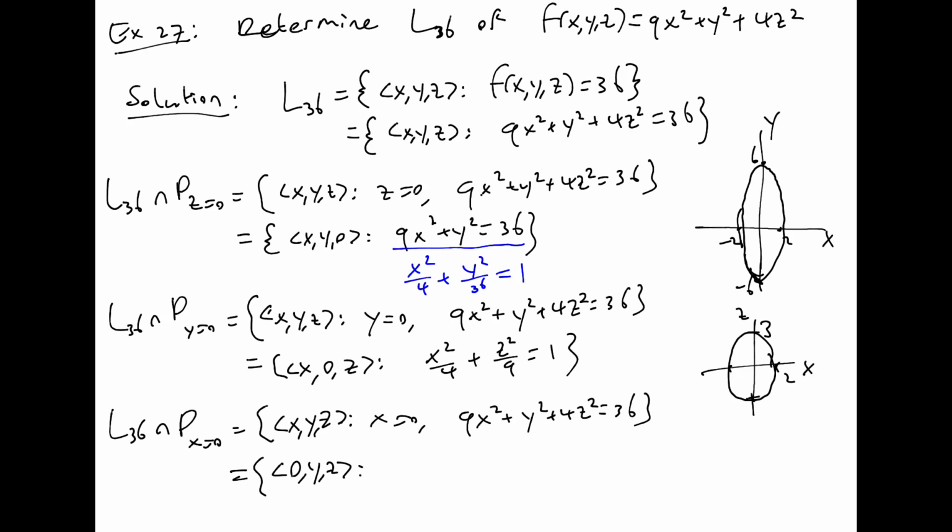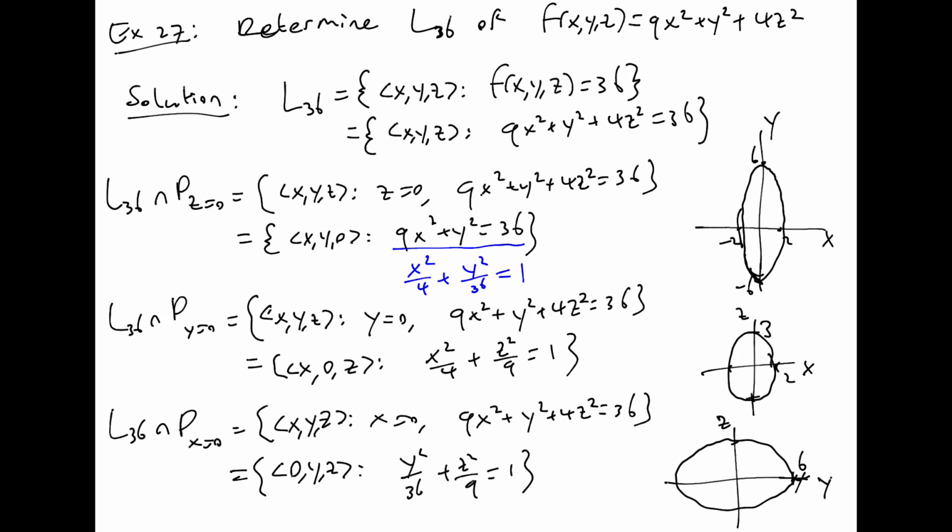Let's again divide by 36, so y squared over 36 plus z squared over 9 is 1. And what do we get in the yz plane? Well, it's at 6 over here, 6 and 3. So that's our picture in the yz plane.